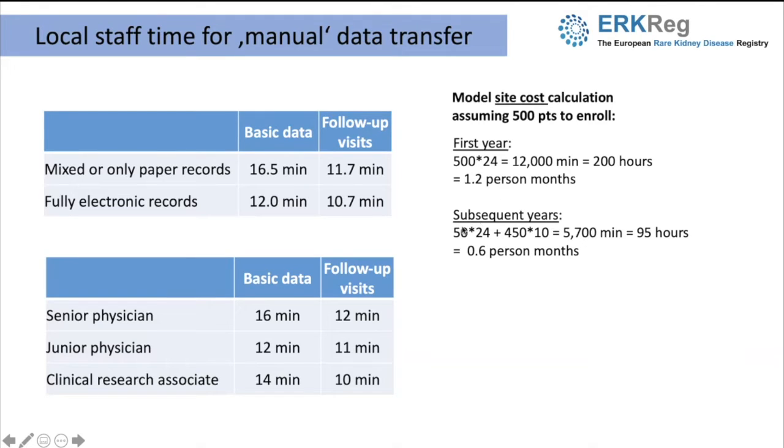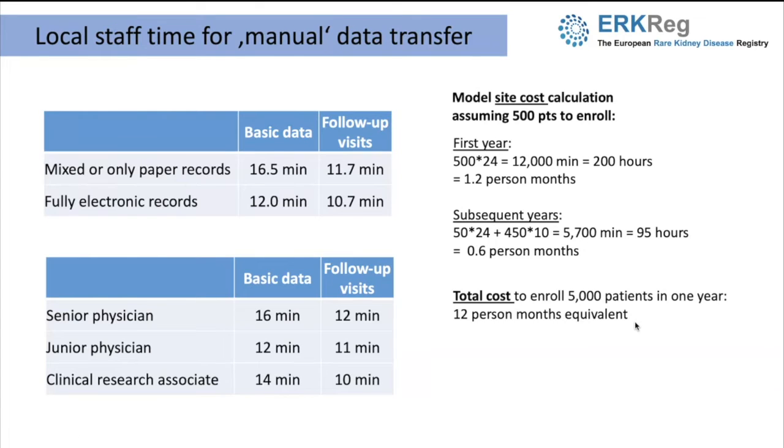In subsequent years, when there are fewer basic entries and more follow-up entries, I calculated that this amount is reduced by about 50%. And you can look at the cost also from the central point of view, from the coordination point of view. If you were to sponsor all the cost to enroll 5,000 patients in a year, it would be just one person year equivalent to fund. I thought these numbers might be of help in your plannings.